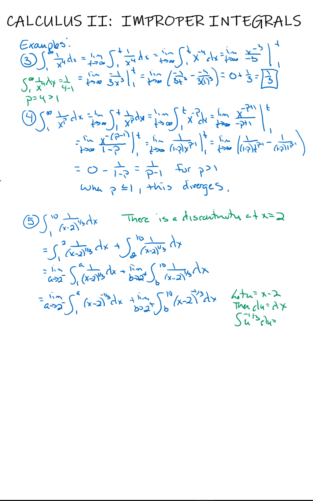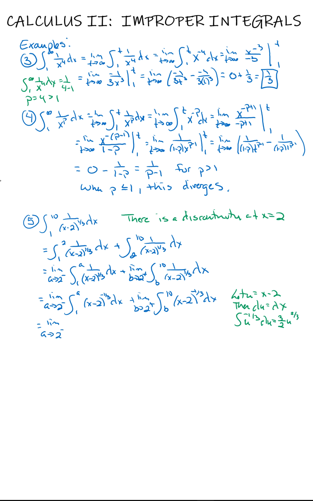which gives us 3/2 u to the 2/3. So that's what we're going to use on each of those. I'm not actually going to rewrite this in terms of u's. I will keep it in terms of x's. So we integrate the first one.